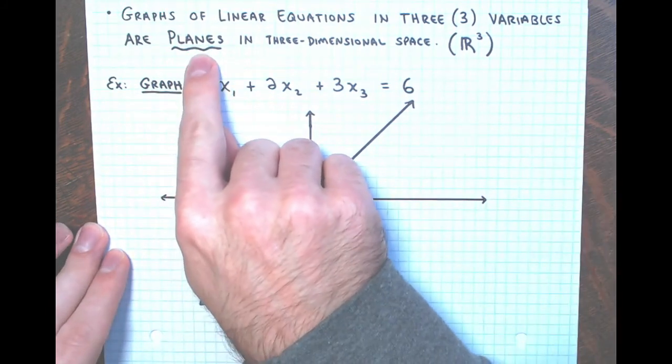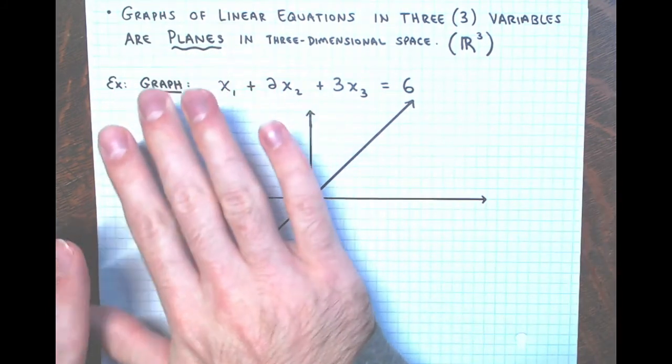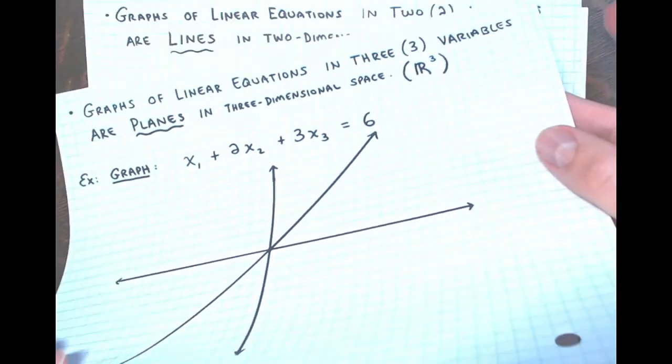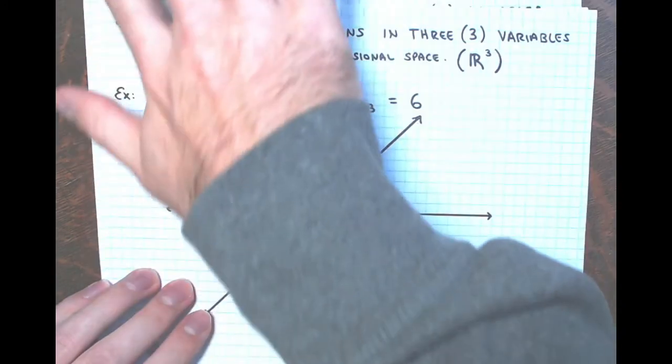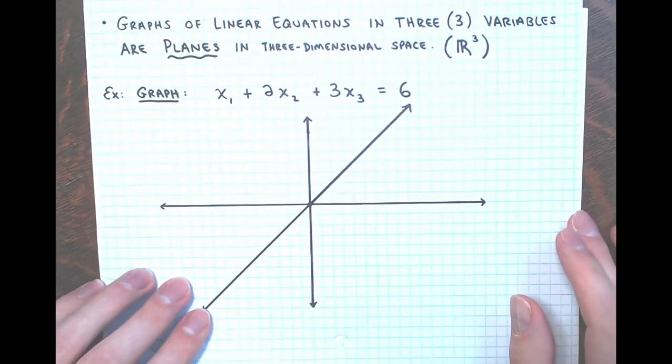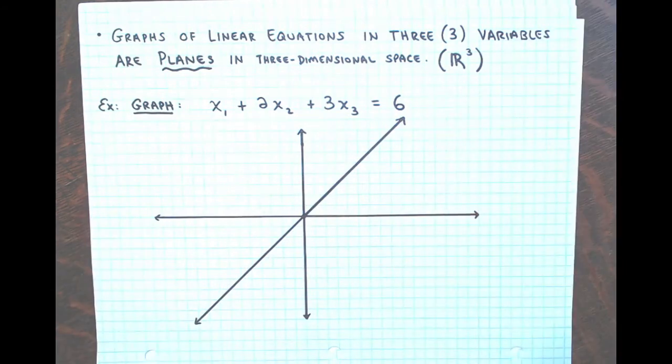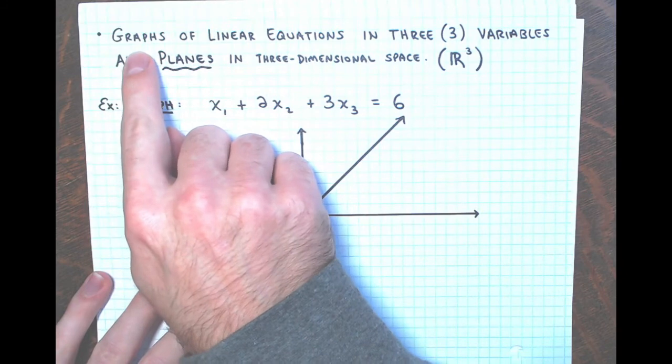Not an airplane or anything like that, but a plane is just like a sheet. It's like a sheet of paper, but extended off in both directions, infinitely in all directions. It's just like a large, infinite sheet of paper, a flat plane.